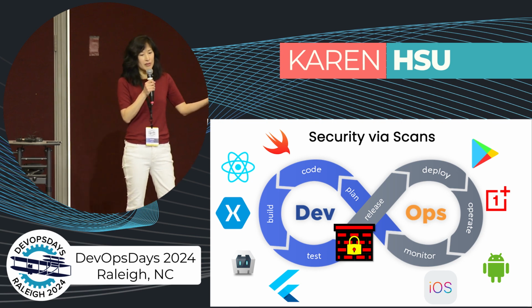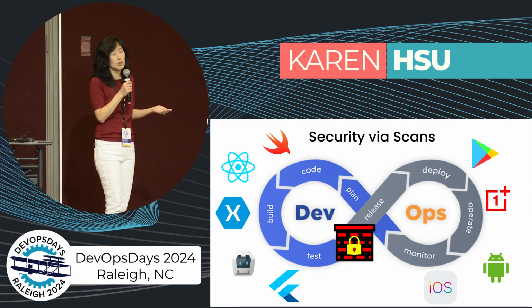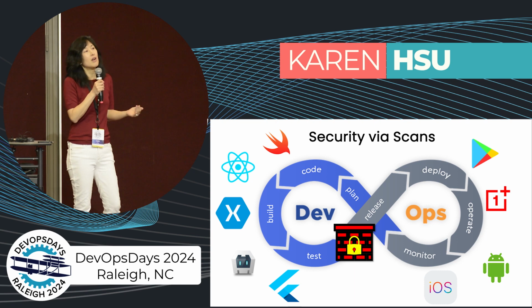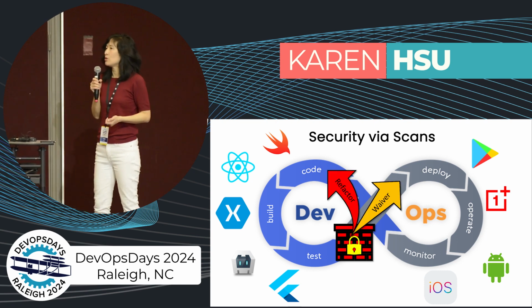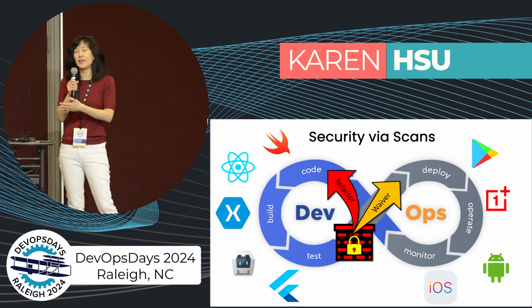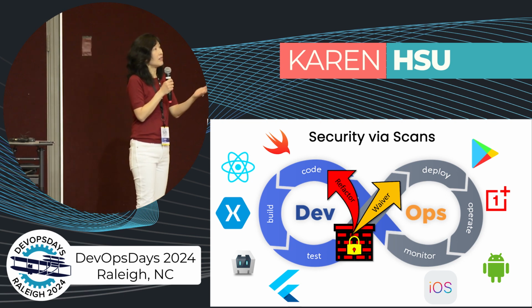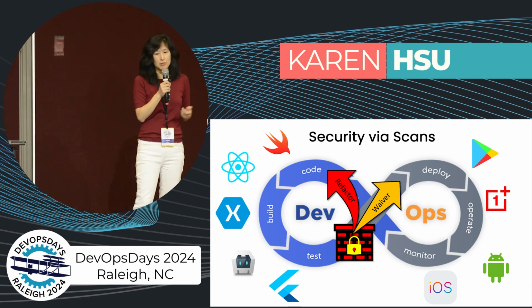Do we go and refactor the code, make the fixes that we need to do, but that could delay the release? Or do we waive away these issues and then risk releasing an app that goes out into the wild that has a lot of issues that are unprotected?